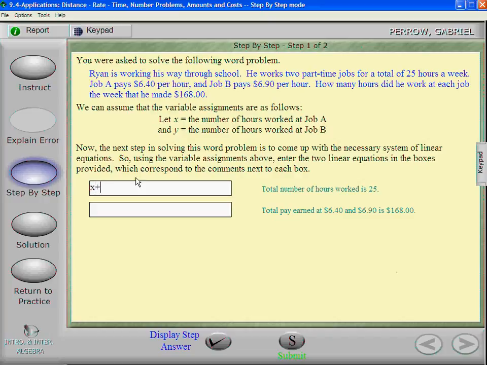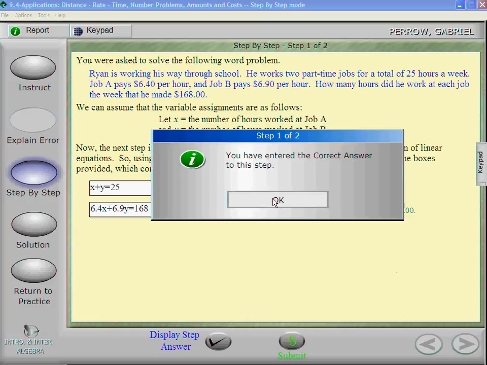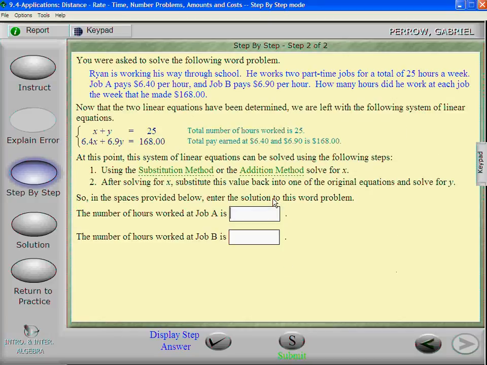If x is the hours worked in job 1, y are the hours worked in job 2, the total is 25, x plus y is 25. Second one, you get the respective rates with each one, so $6.40 times x plus $6.90 times y should give you the total of 168. So that would be the setup for that problem.